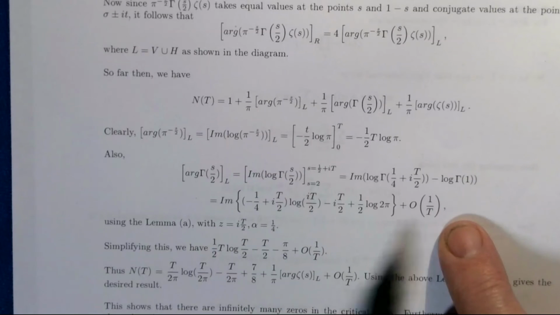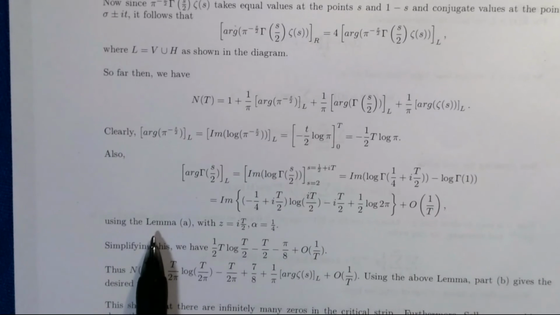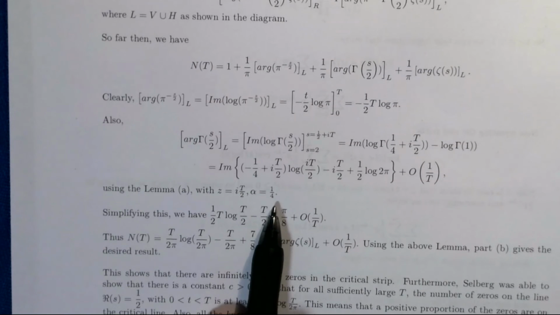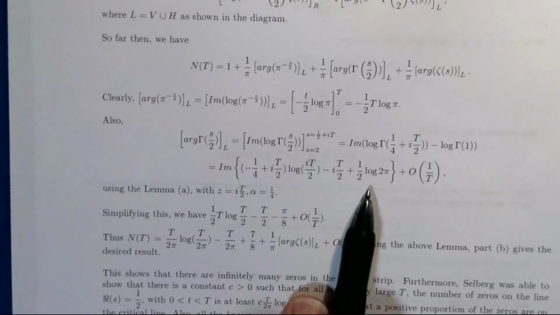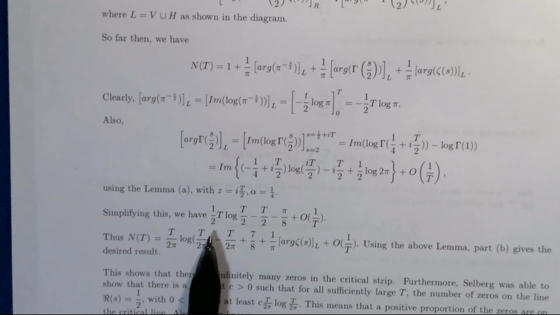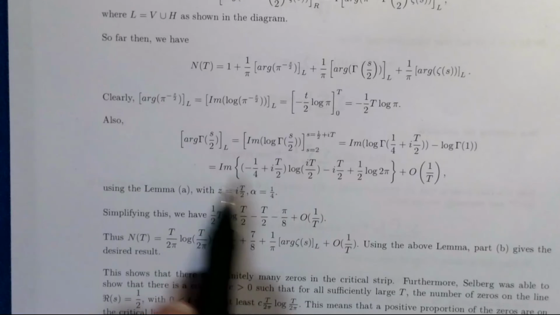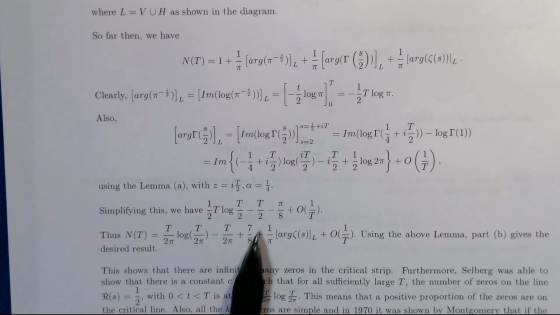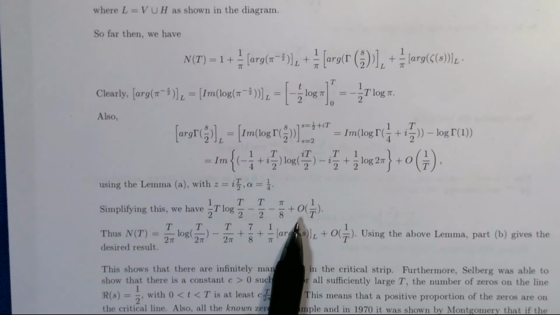So here I've just used lemma part A. I put z as it on 2 and alpha was a quarter, and this pops out. I can simplify this expression, and this turns out to be 1/2. We want the imaginary part of this. This is just a half t log t on 2 minus t on 2 minus pi on 8 plus big O 1 on t.